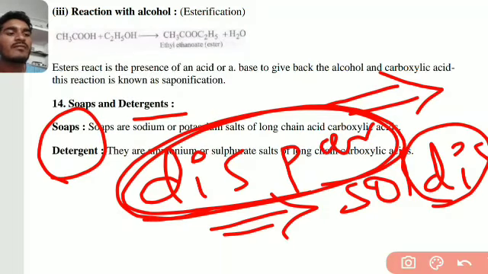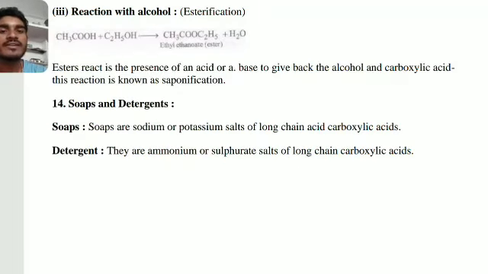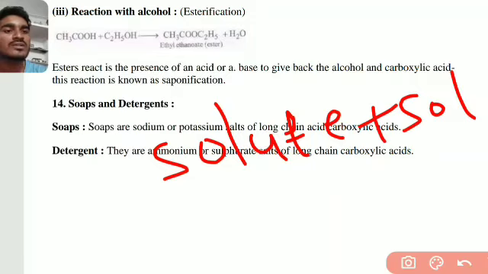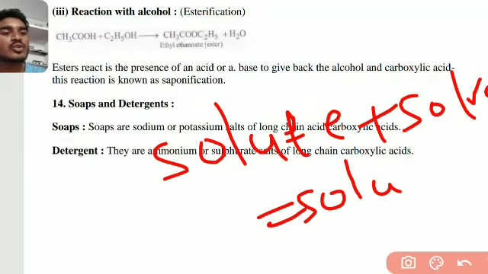For example, take milk. Solute plus solvent gives solution. That may be a true solution.